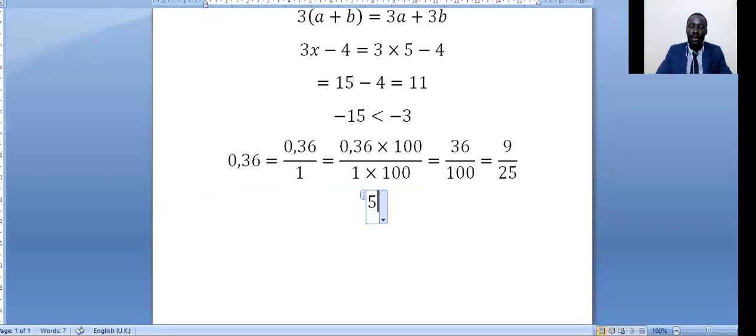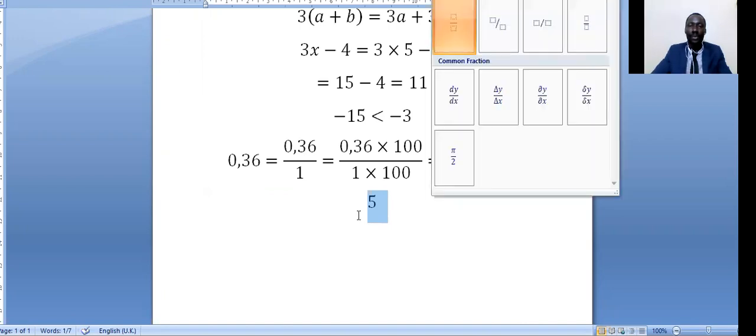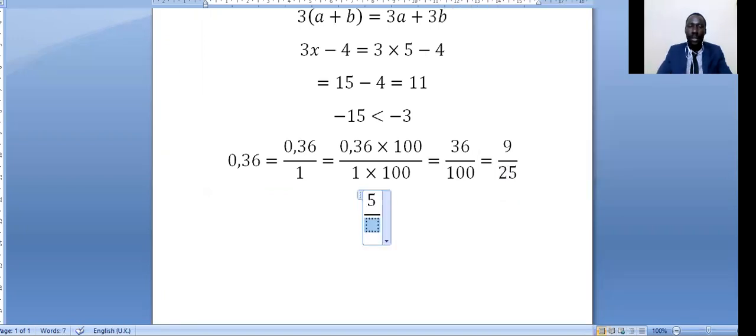This is 5 divided by 8. So 5 divided by 8 as a percentage means we have to do what?